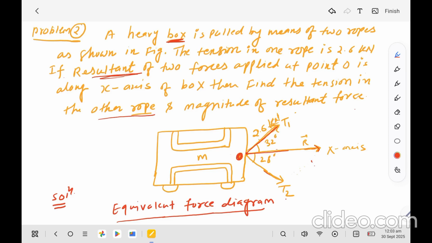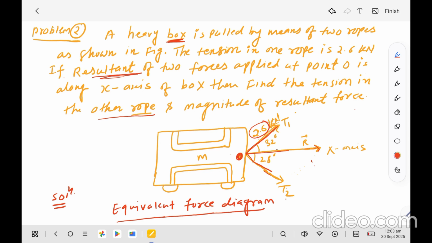Now let's discuss problem number 2. I read the problem. A heavy box is pulled by means of two ropes as shown in the figure, this one and this one. Let's say tension T1 in this rope and T2 in this rope. T1 is 2.6 kilonewton.